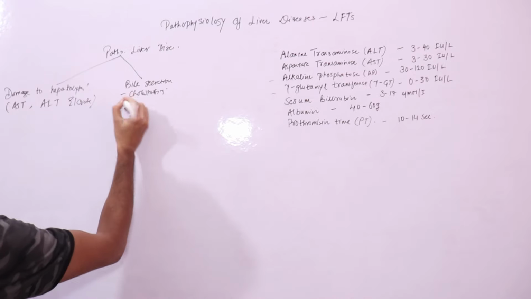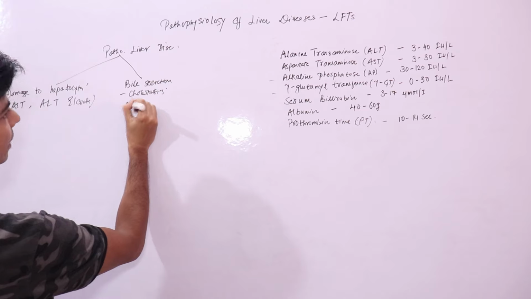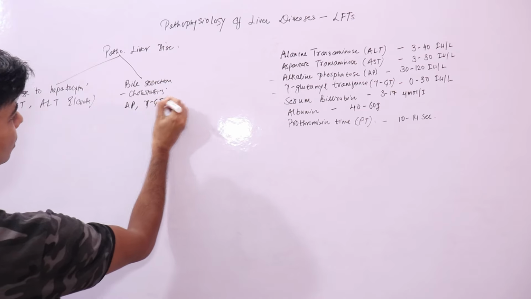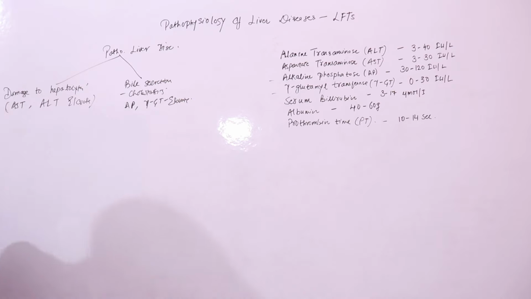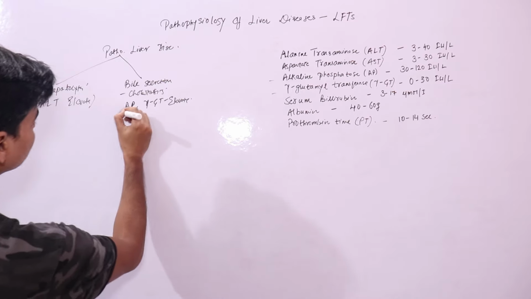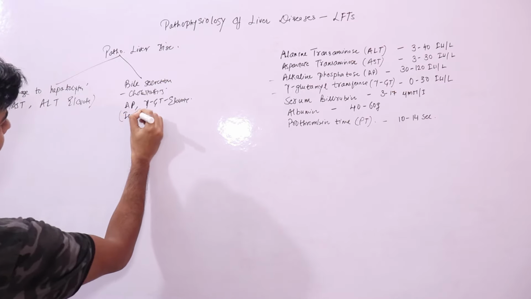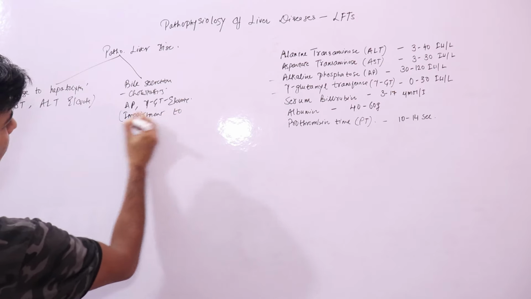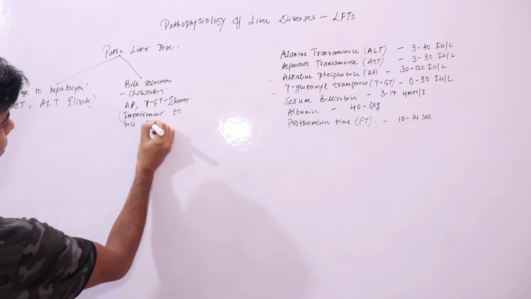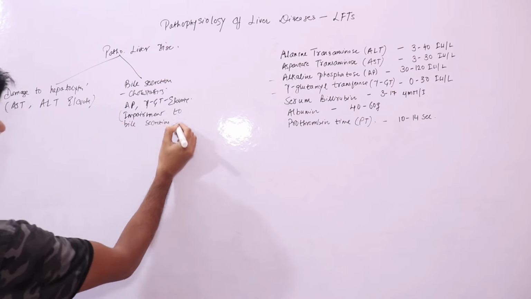So your AP and gamma GT will elevate. This is due to impairment to bile secretion, which is nothing but cholestasis.